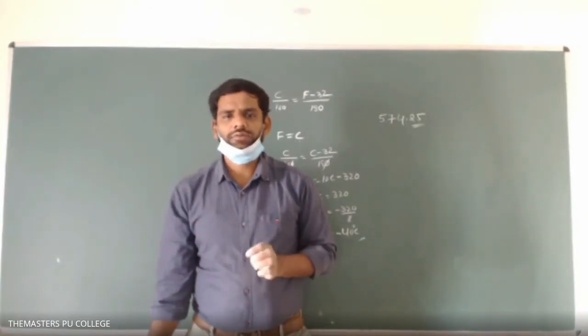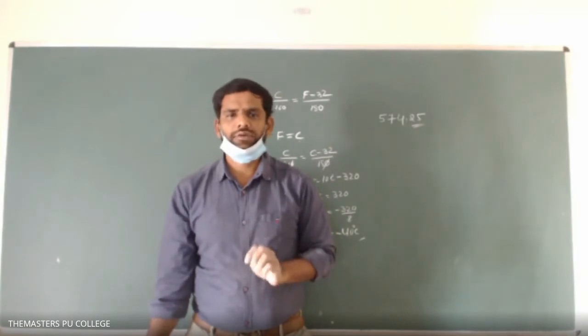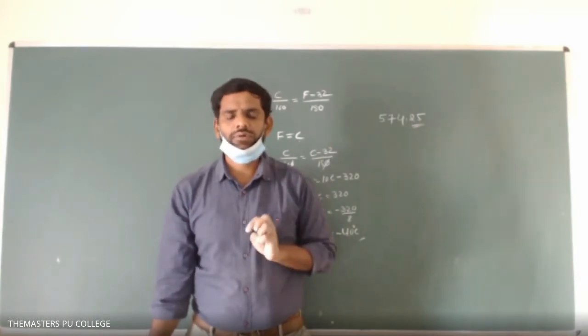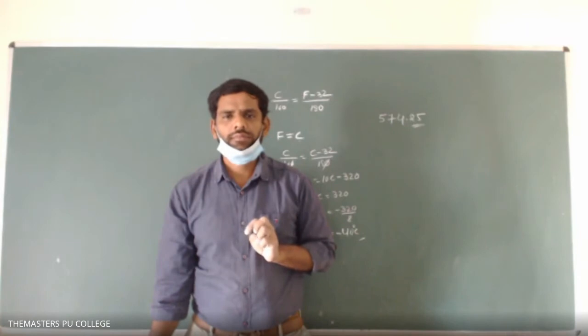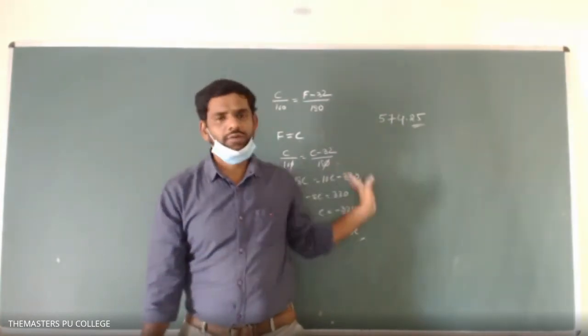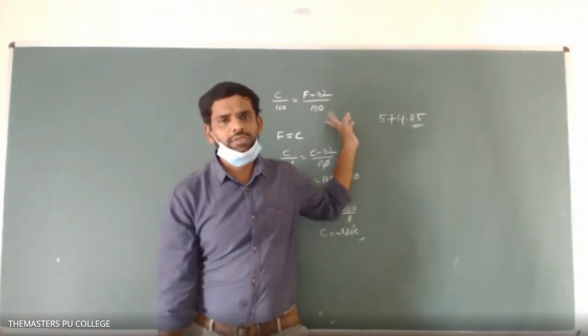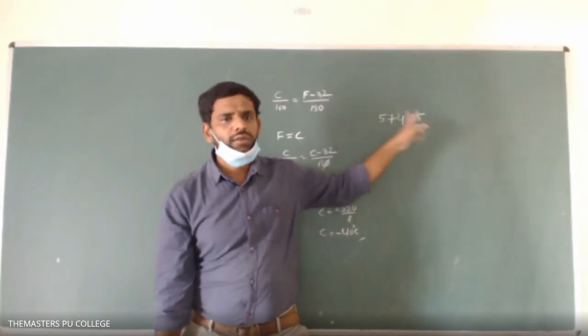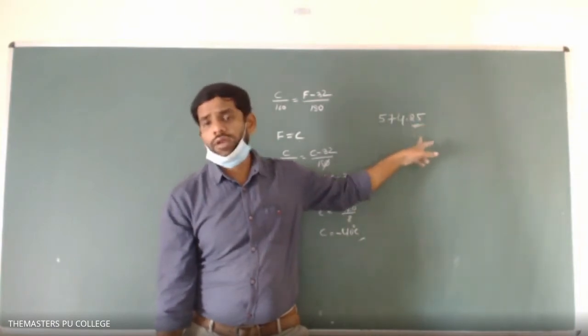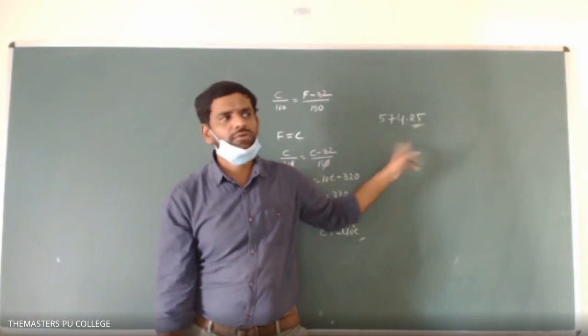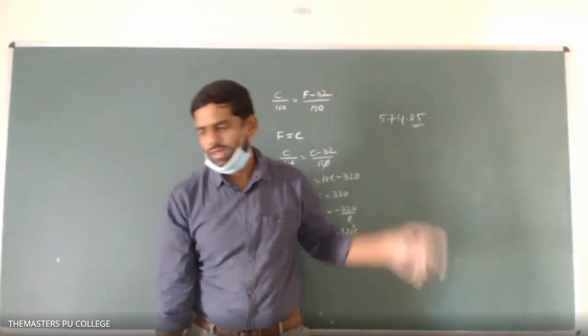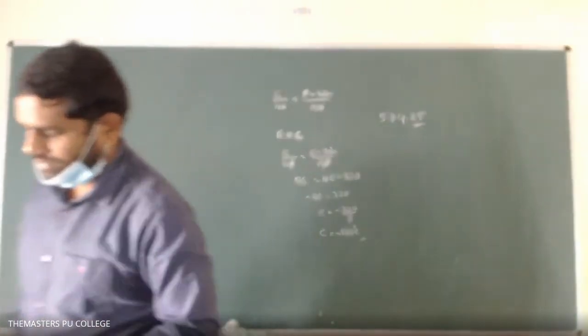Okay, are there any doubts? Let me know, then we will solve it on the board. No, sir. Just like how we went from Celsius to Fahrenheit, in this problem we go from Kelvin to Fahrenheit. That's the only difference. Everything else will be the same. So note down the next problem.